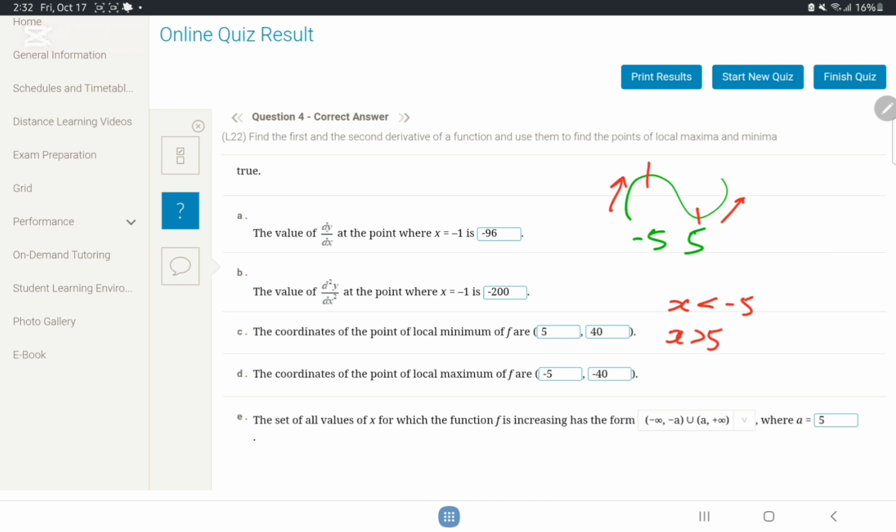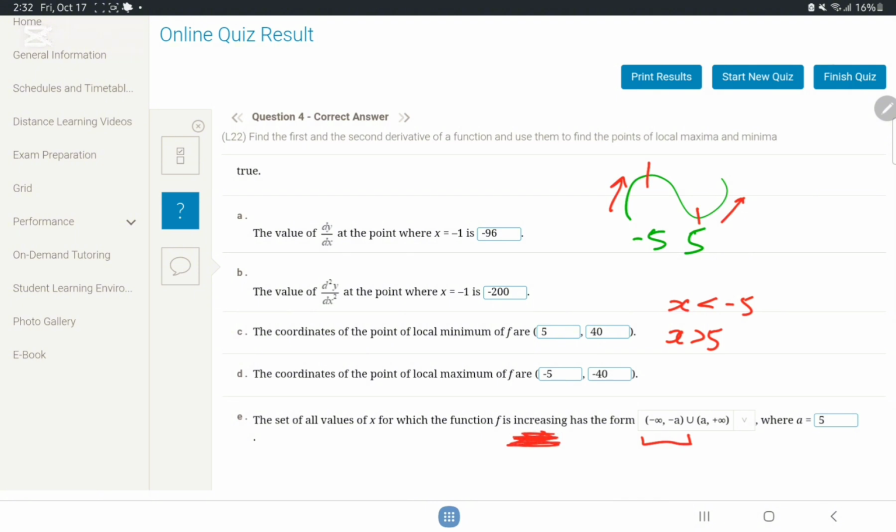Okay, so on the number line, think about the number line. It's everything that's bigger than 5 and everything that's smaller than -5. That's why the interval we chose is this. We chose this interval because everything before -5, or negative infinity, is increasing.